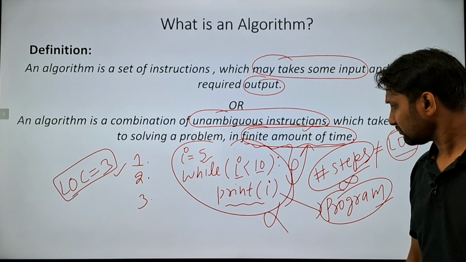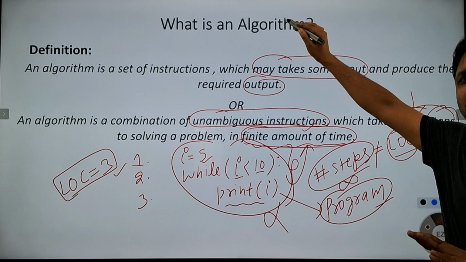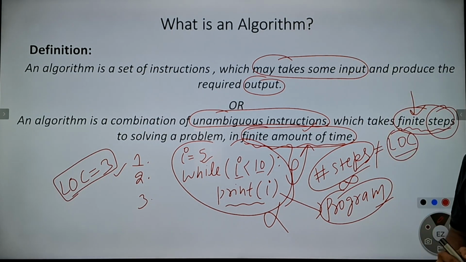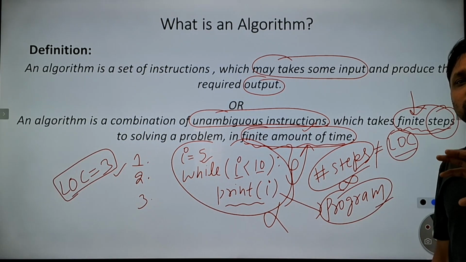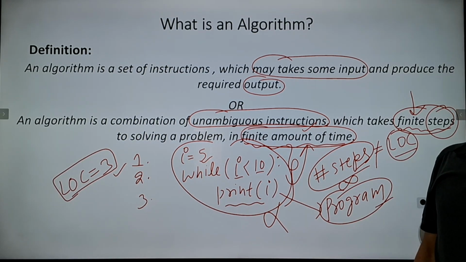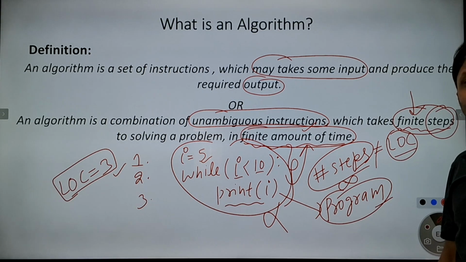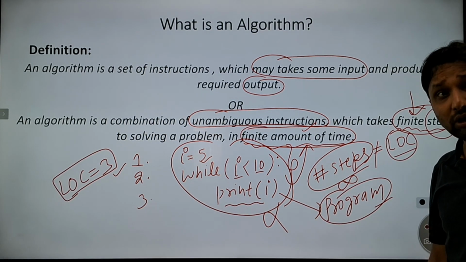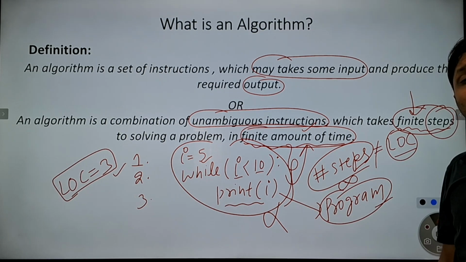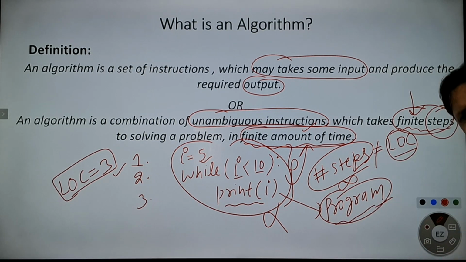One more property I can add for the algorithm: algorithms are language independent. They are not fixed to any language. You can write the algorithm in English or in Hindi. Usually people write it as pseudocode, which is a mix of math and English. Programs are language dependent.